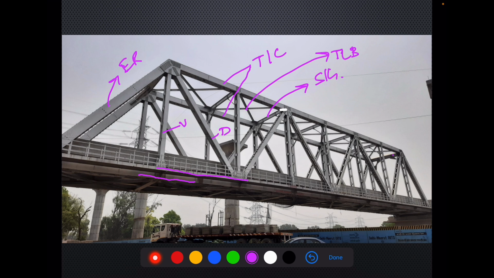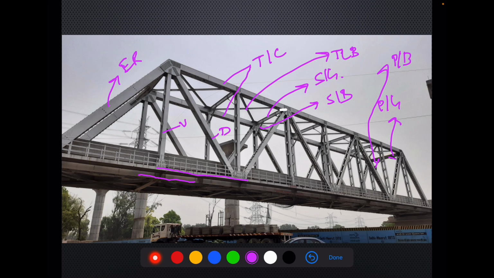And here we have portal girder, and these are the portal bracings. So this is an overall arrangement, and one thing more is here. We can see here this is our sway bracing. So overall arrangement is more or less similar to the normal steel through type girder, through type open web girder.